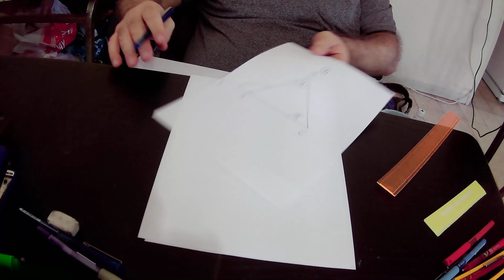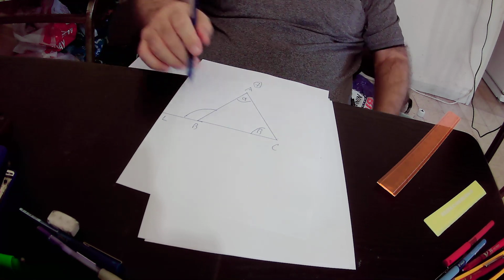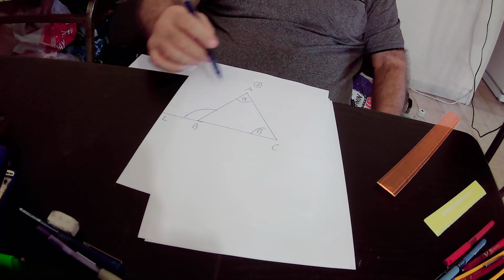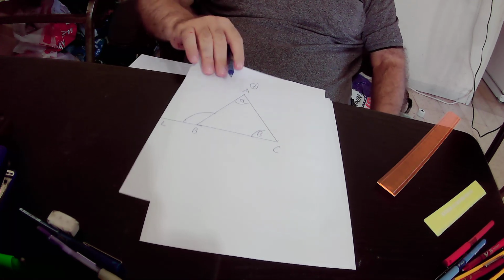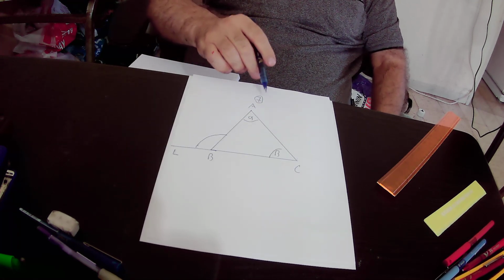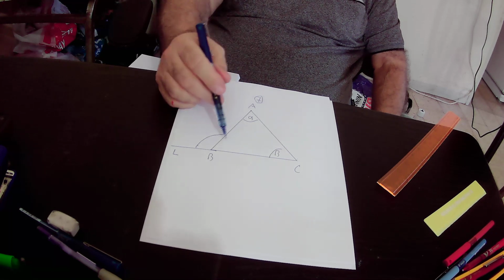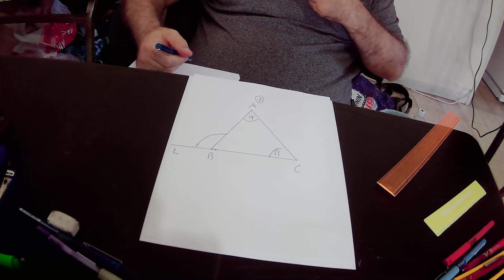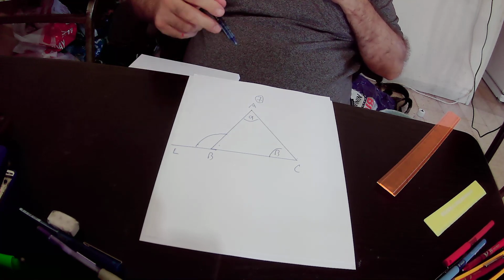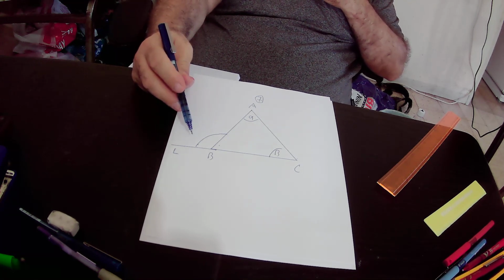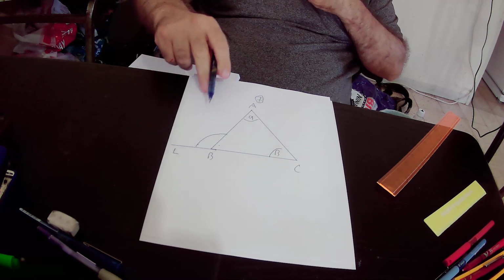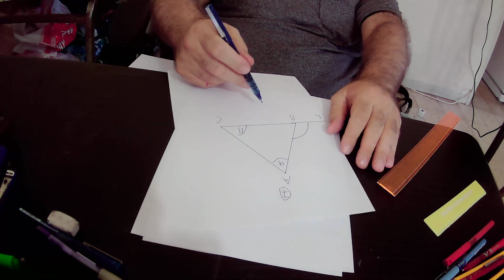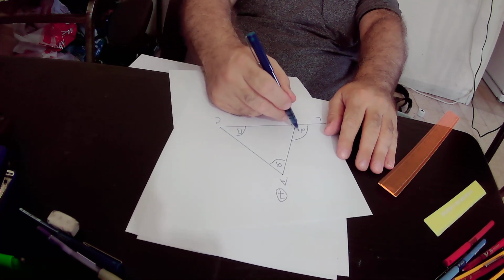Angle alpha plus beta are the opposite interior angles in relation to this angle. So according to rule number 2, angle ABL equals alpha plus beta.